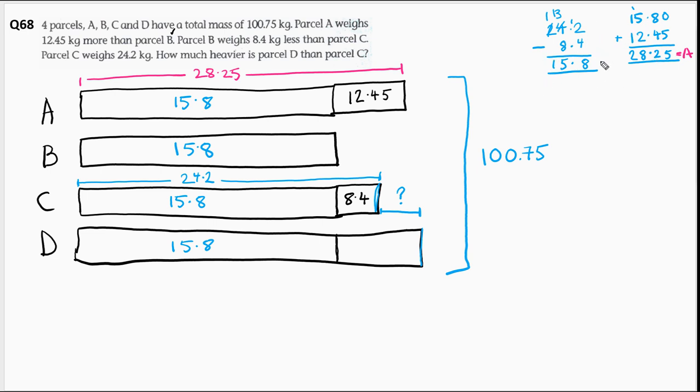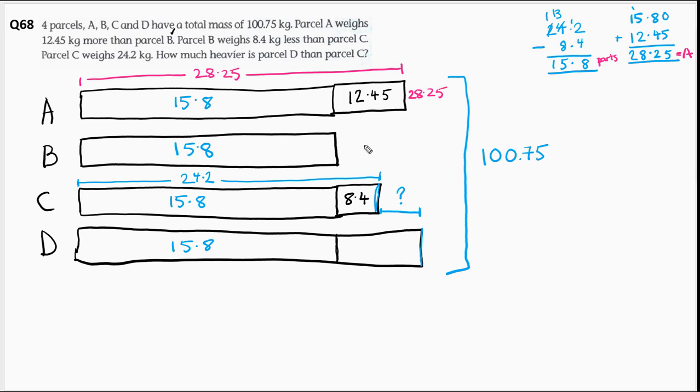Okay, so this is for the parts. What else could I calculate? Well, I can find the total mass of the parcels A, B, and C. I know that A, I'm going to write it here as well, is 28.25, don't I?